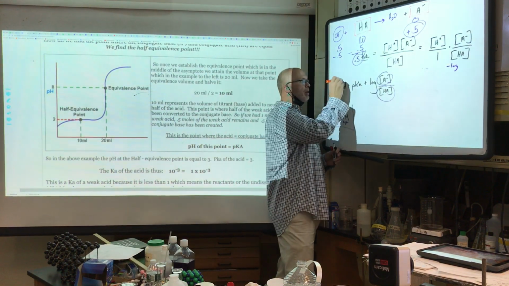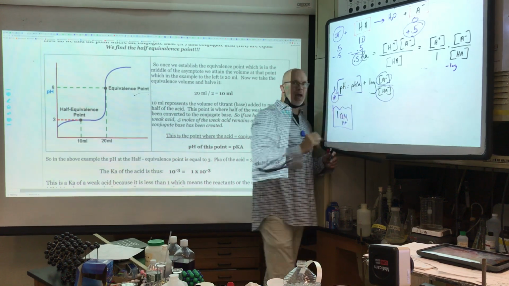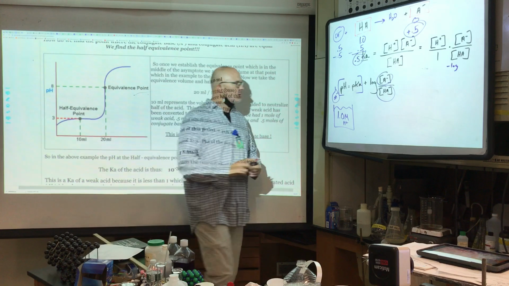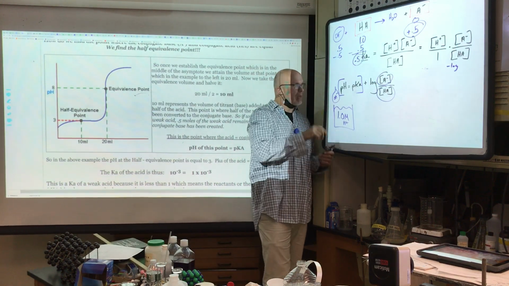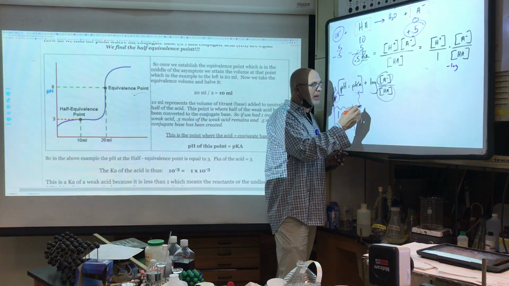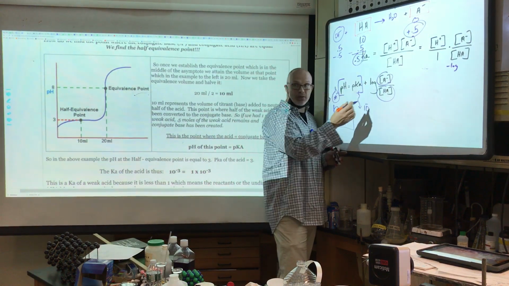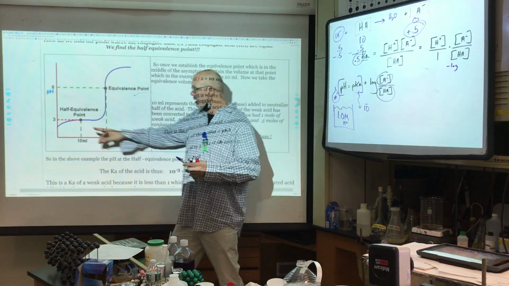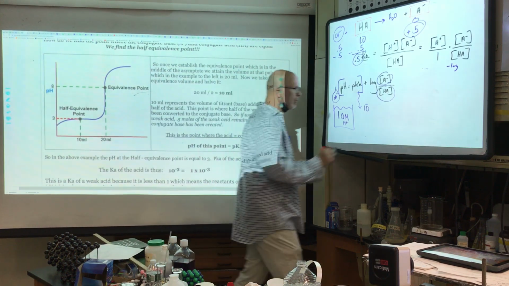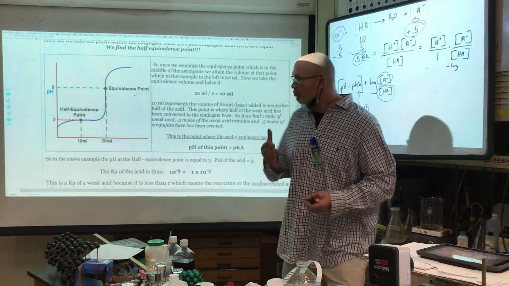And what do we know? pH equals the pKa. So you find that pH, and that's the pKa. To get rid of the little p, to go in reverse, the antilog, it's 10 to the negative value. In my example here, 10 to the negative 3. 1 times 10 to the negative 3 is your Ka. Okay? So, that's really important.